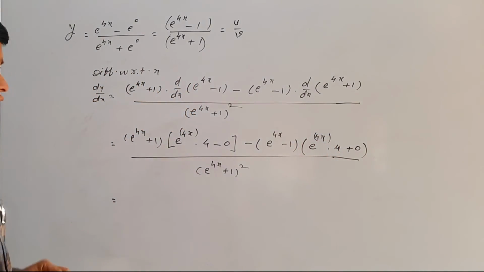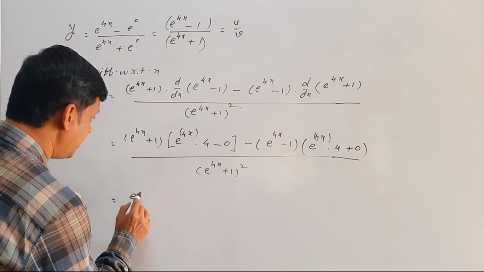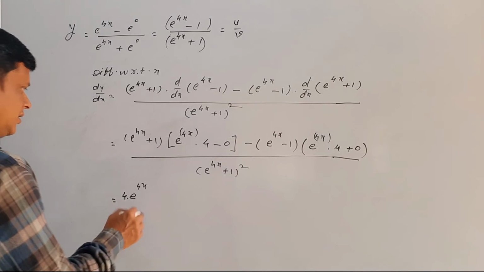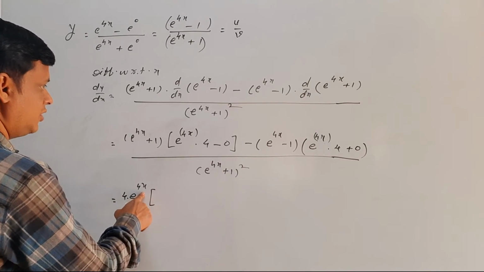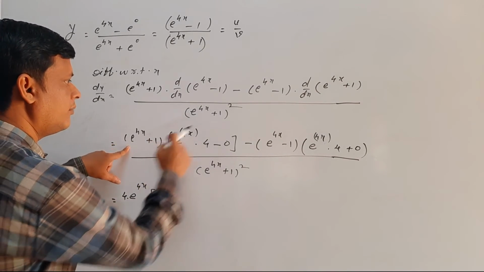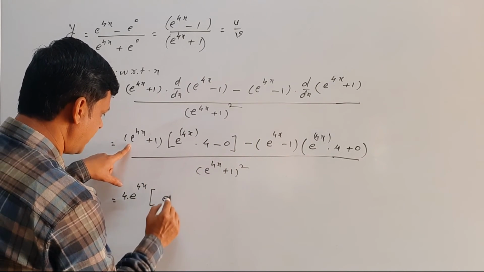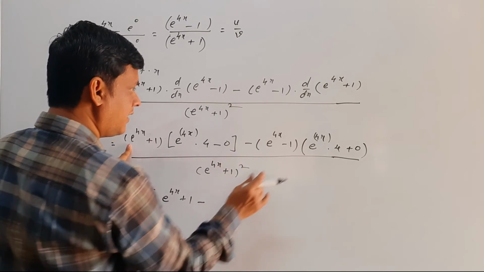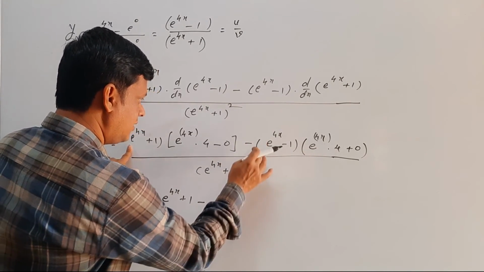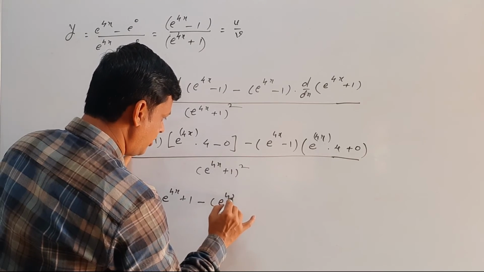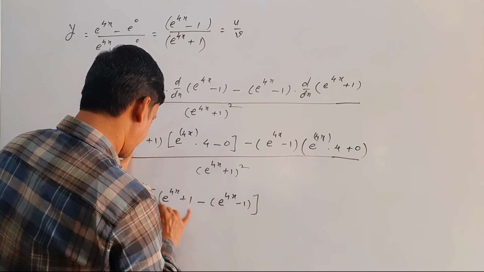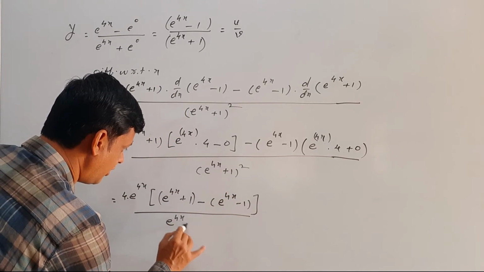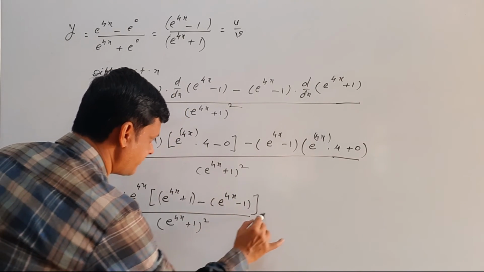So that we can take common. So we take 4e^(4x) common from both the terms. So we write in the first bracket e^(4x) + 1 minus in bracket e^(4x) - 1, upon (e^(4x) + 1) squared.